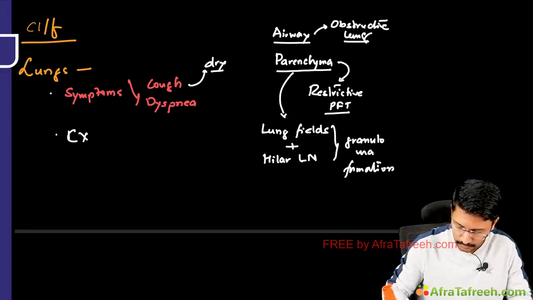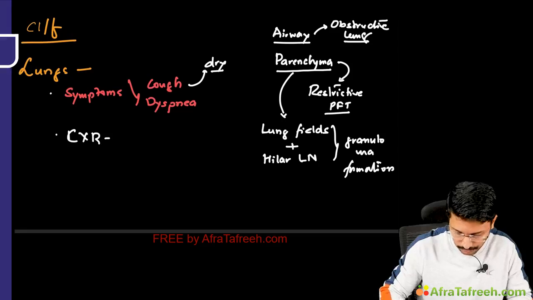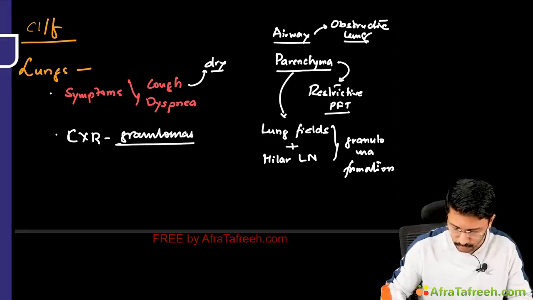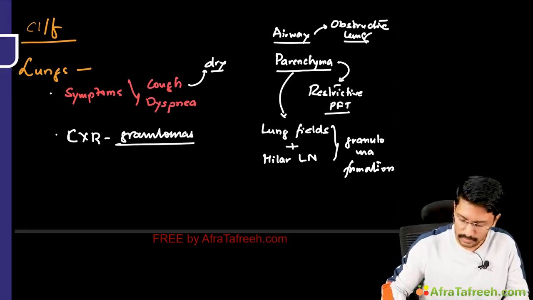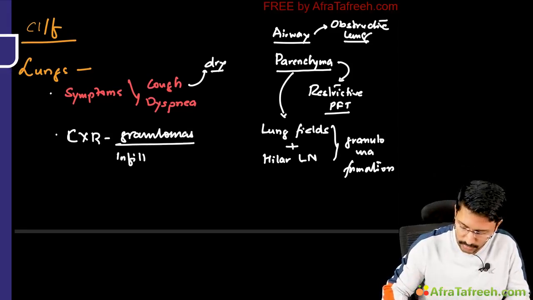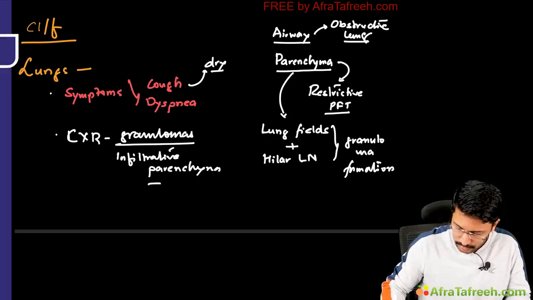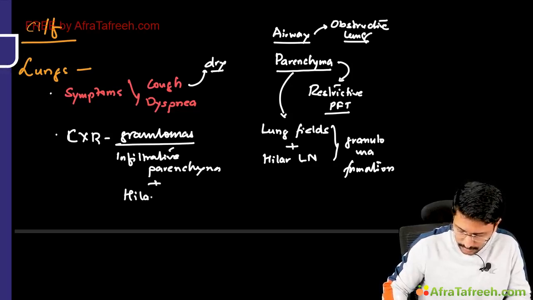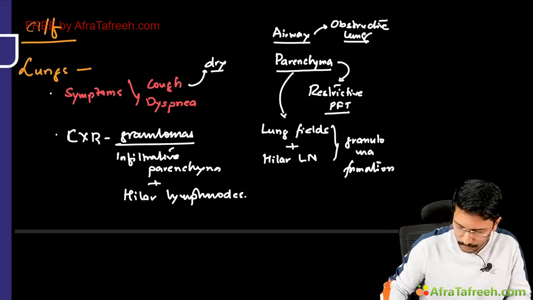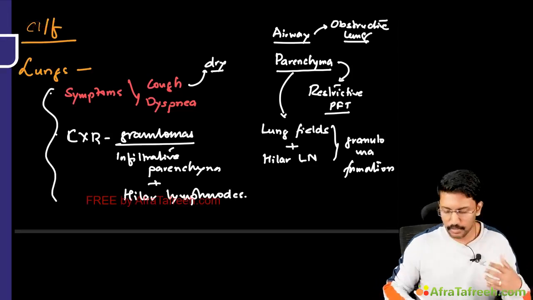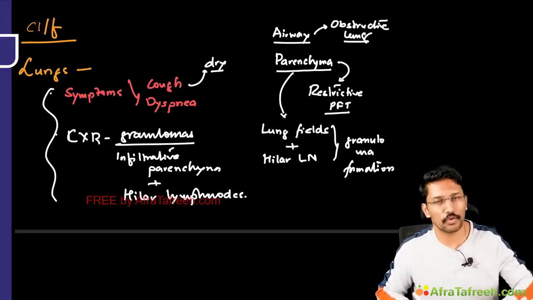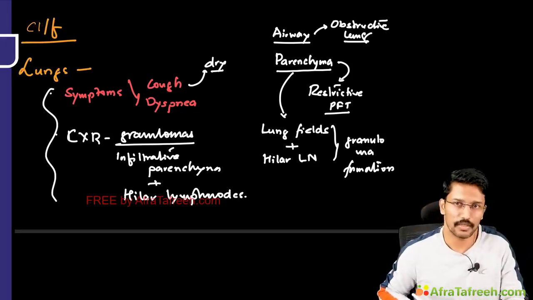If you do an X-ray, you might see the patient has granulomas leading to infiltrative changes. These granulomas might lead to infiltrative appearance on the lung parenchyma or lung fields, plus you will have enlarged hilar lymph nodes. This is the usual presentation. This presentation is quite similar to the presentation of tuberculosis, so tuberculosis is the closest differential diagnosis.